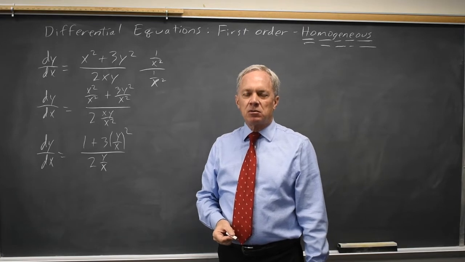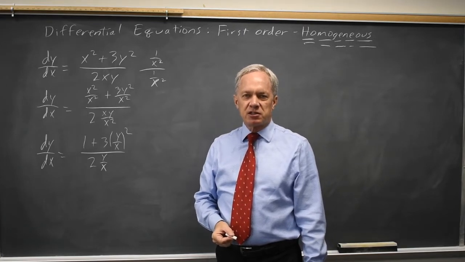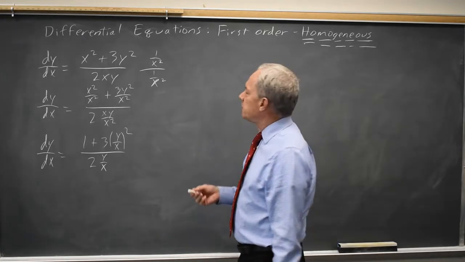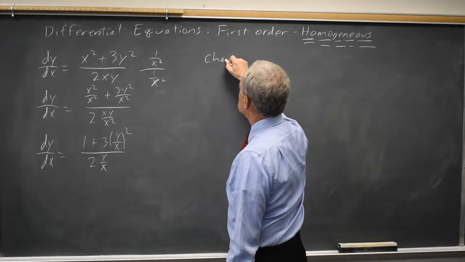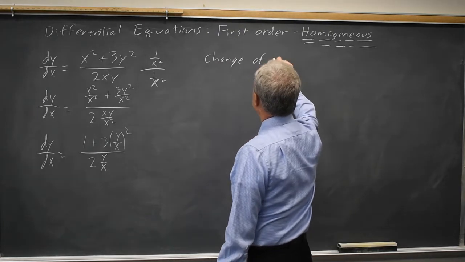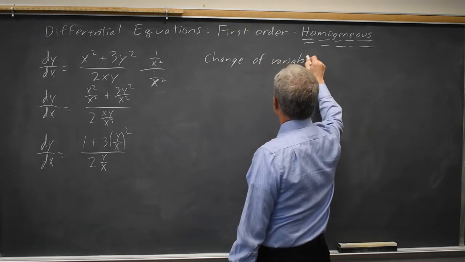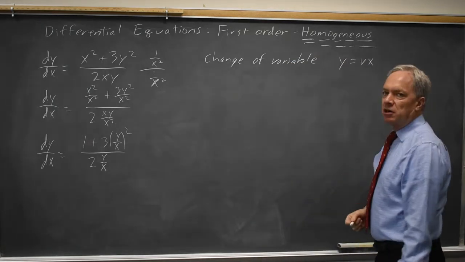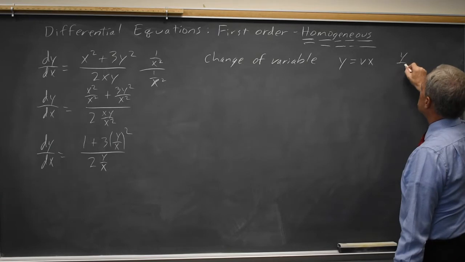Anytime y prime is a function of y over x alone, we can make this separable through the change of variable y equals vx. You can also write that as y over x equals v.